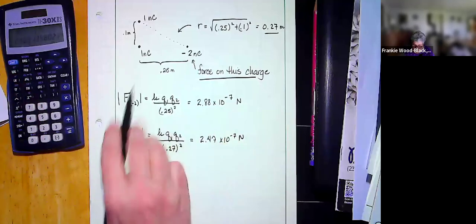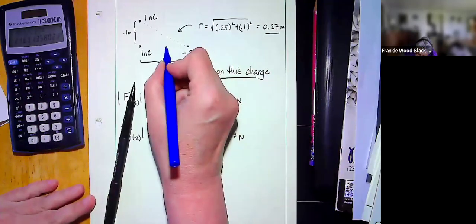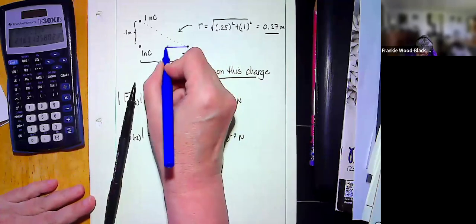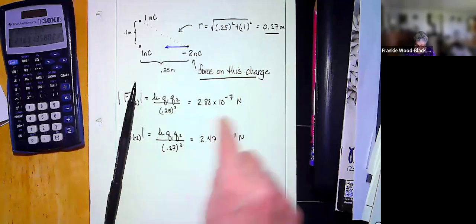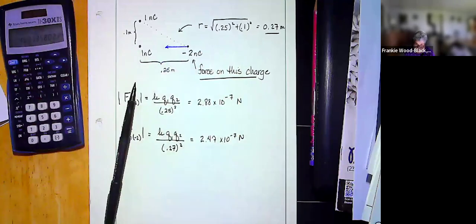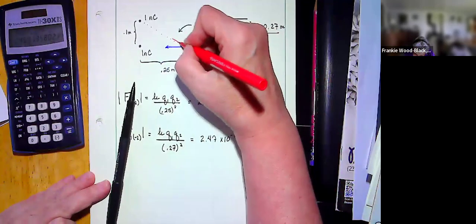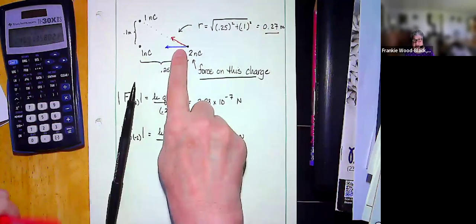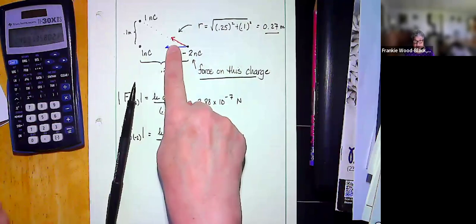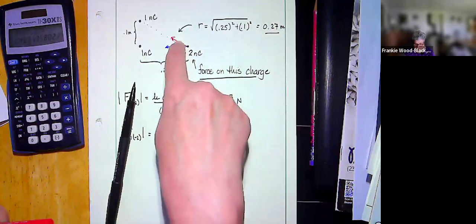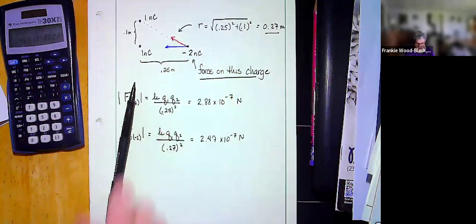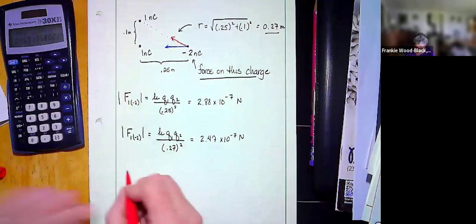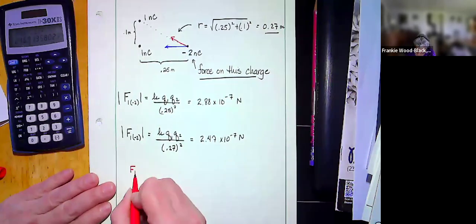Now this one can be represented by this blue item. This one is represented by our red. I've got to take into account the fact that I'm in 2 dimensions, and I'm going to have to figure out that one in its vector form. So let's go ahead and put this in its vector form. So F1 minus 2 in its vector form.